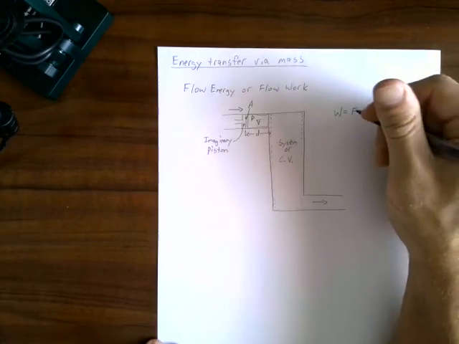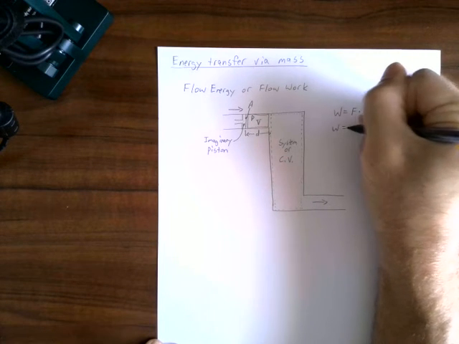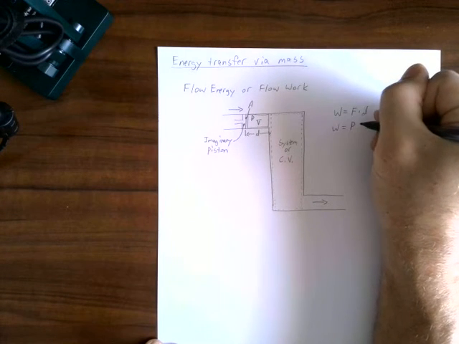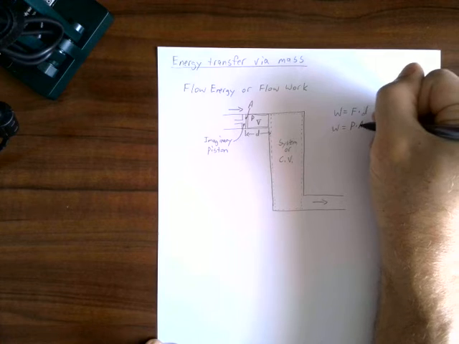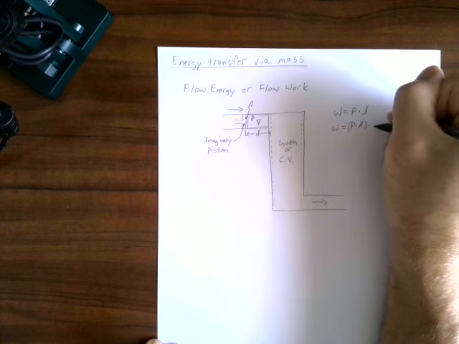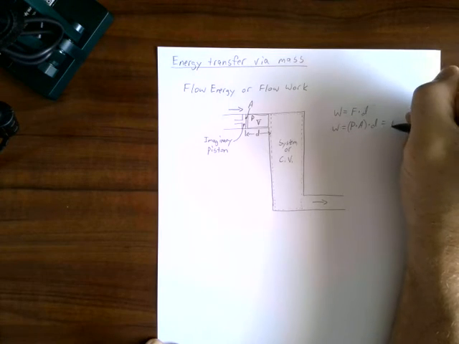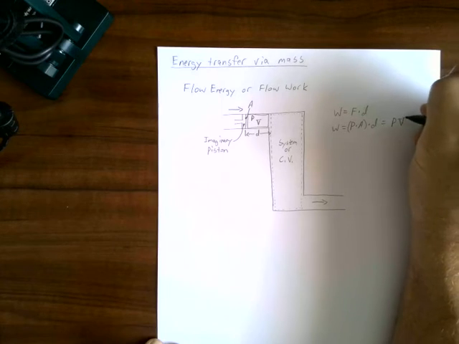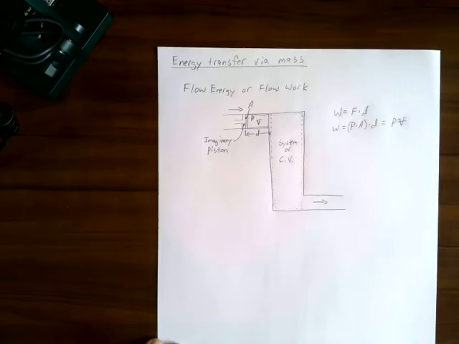Okay, and we can break this back up into the pressure times the area for the force. That's times the displacement, and that's equal to the pressure times the volume.